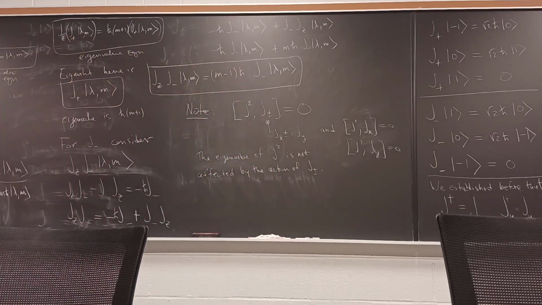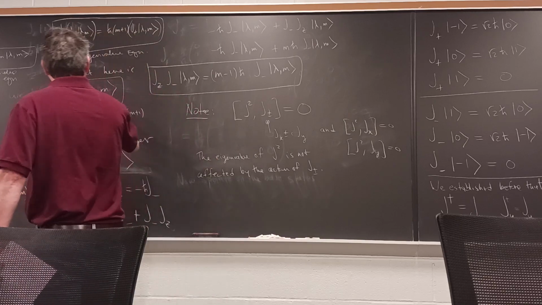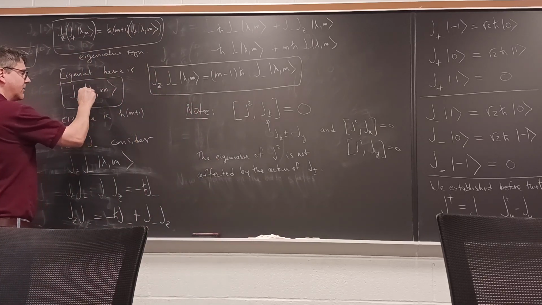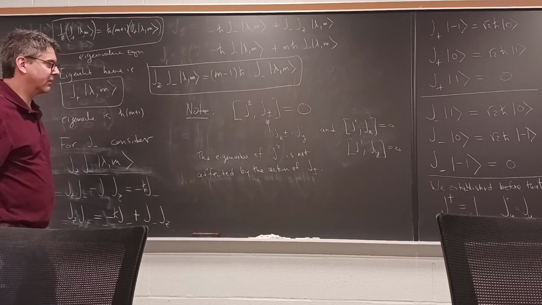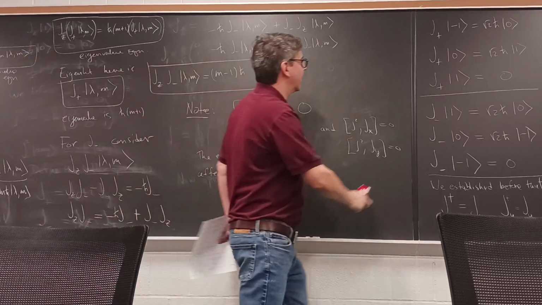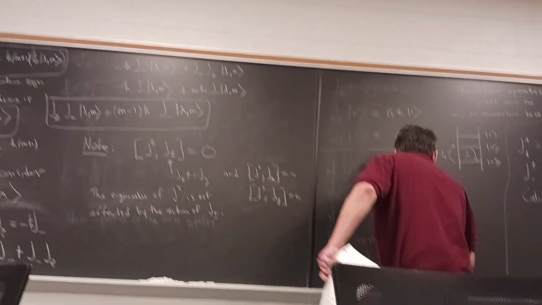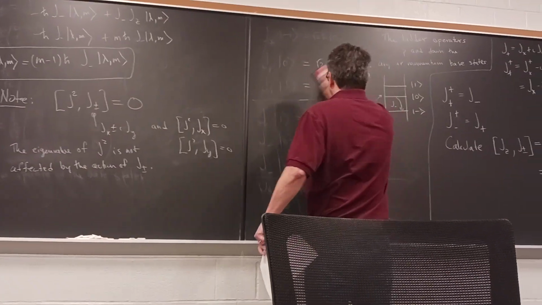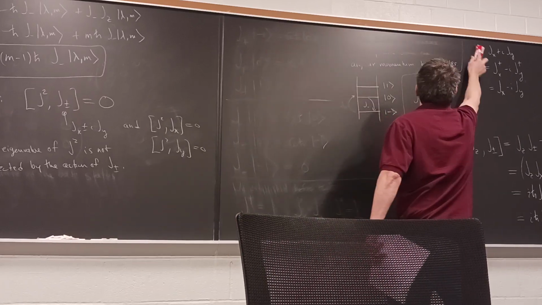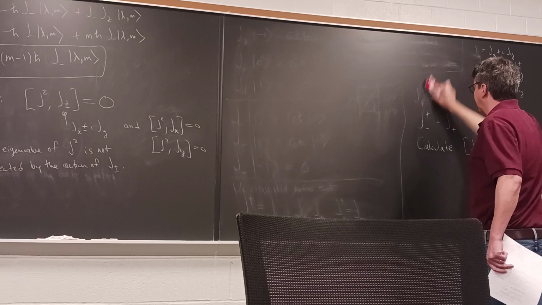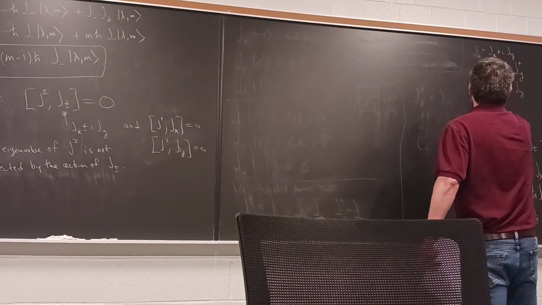Because it commutes, you can always just swap them. And that's important because we're characterizing our kets by m, but this lambda remains the same no matter what we do. And so now we want to calculate what that lambda is so that we can fully characterize our states.